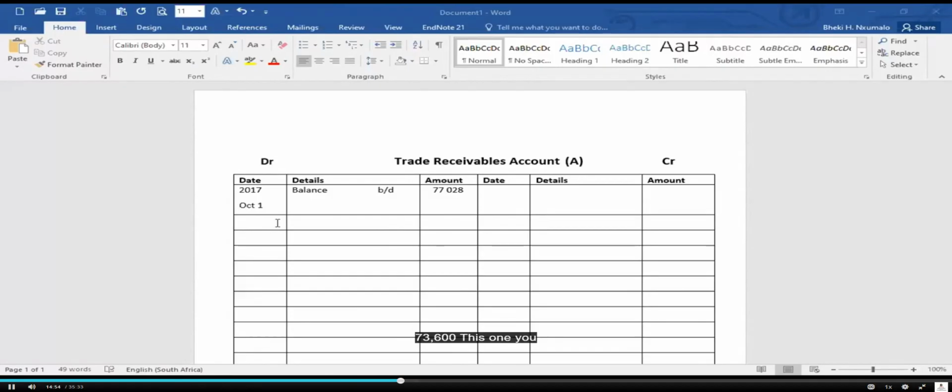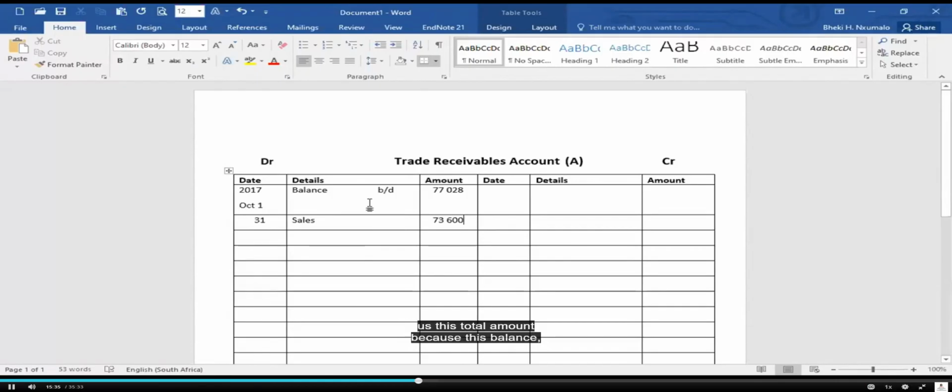Amount is 73,600. Why do we put sales on the debit side? Because they took on account, they increased their debts, because whatever is recorded on the debit side of this account, they owe the business. So on the 31st, they took sales on credit of 73,600. They owe us this total amount, because this balance comes from the previous month, which was September, the last day of September.